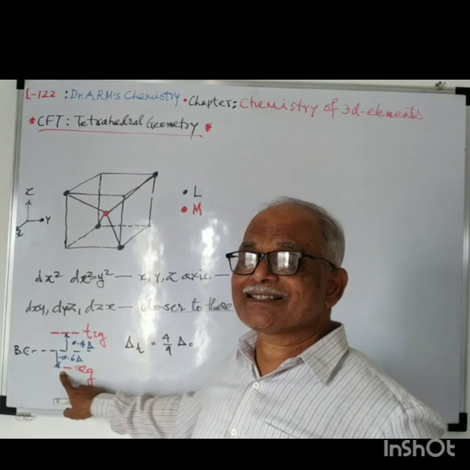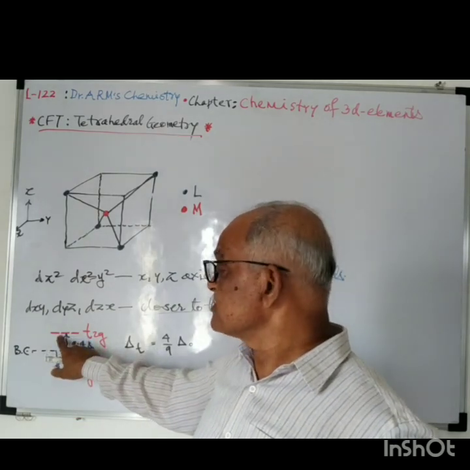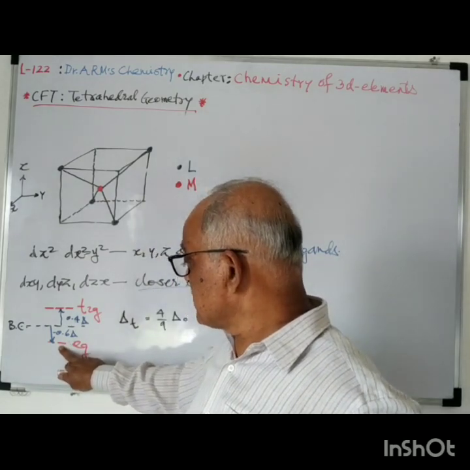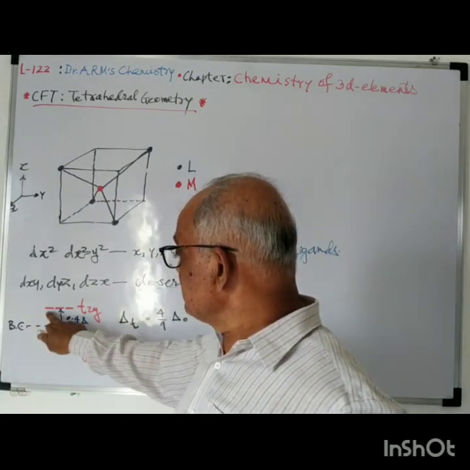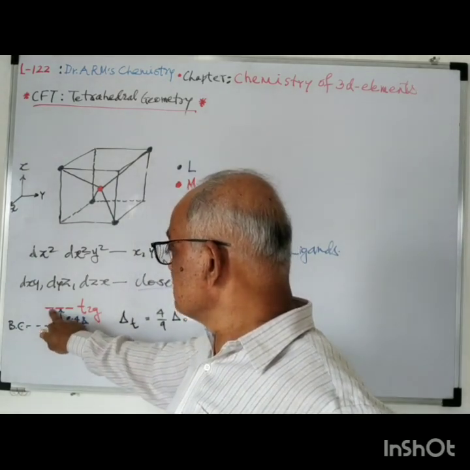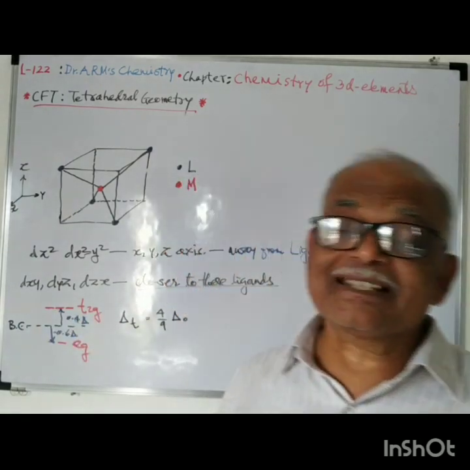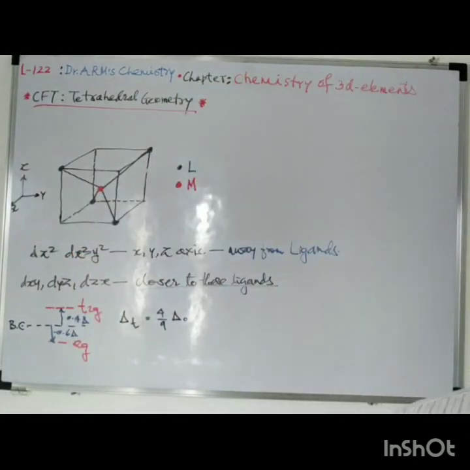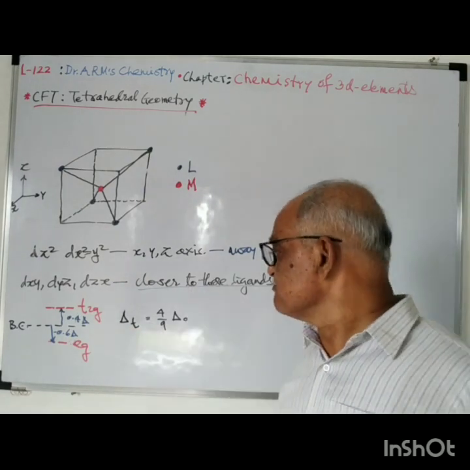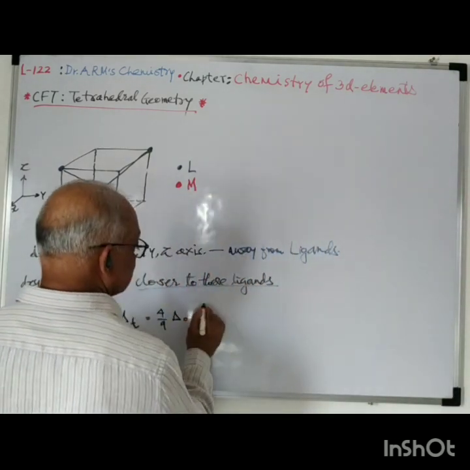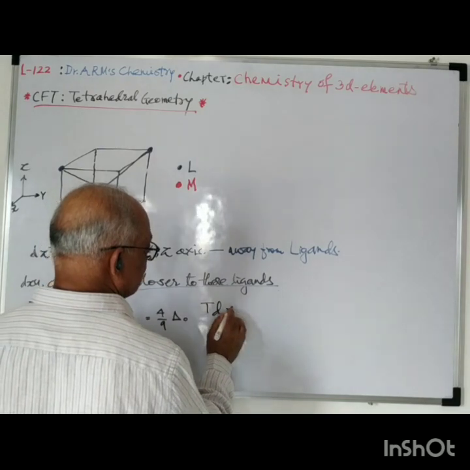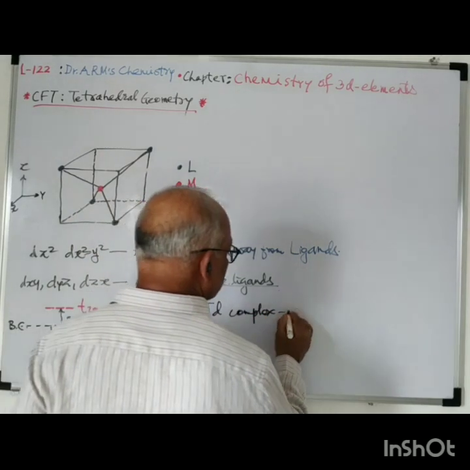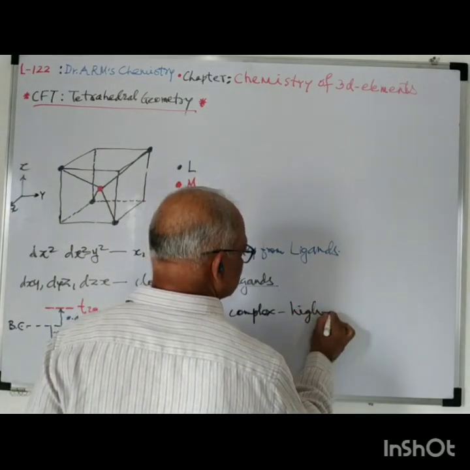So the electrons can easily move into the t2g orbitals because the energy required for pairing is more, and that is why the electrons move easily into t2g. So tetrahedral complexes are mostly high spin.